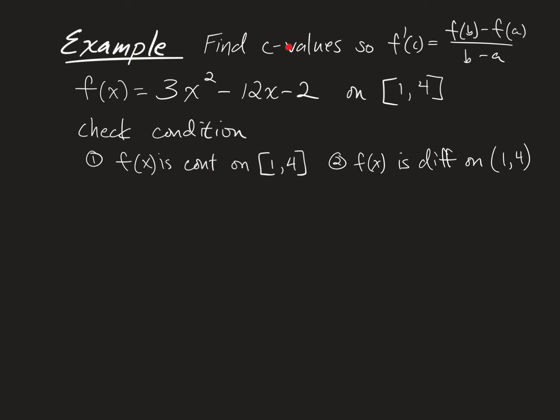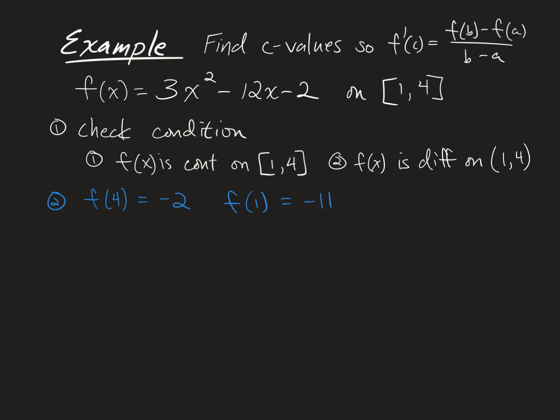So yes, the conditions are met, so we can go ahead and say the MVT tells us that there is a value c that will make this equation true. So from here, I think what needs to happen is you should find the slope of the secant line passing through these two x values. So some quick off-screen calculations will show that f of 4 is negative 2 and f of 1 is negative 11.